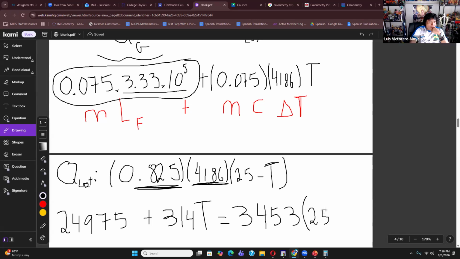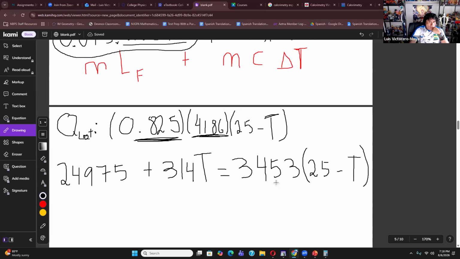So guess what? Now you have an algebra problem here, right? You have to solve for T. We want to do this. So we write this in here, plus 314T.